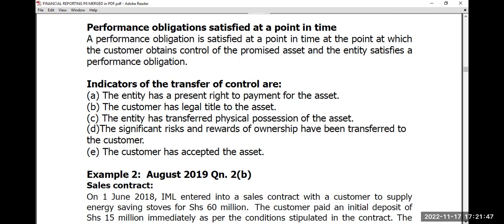Then in terms of the rewards, as far as land is concerned, you may find that I have bought land, let's say for 20 million. But by the time you make the transfer and you give me all my documents, the land has increased in value. The land which I bought at 20 million is now costing 25 million.